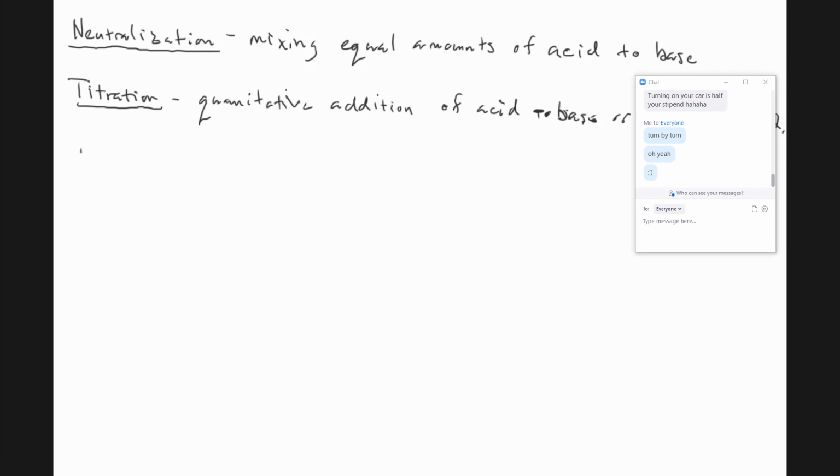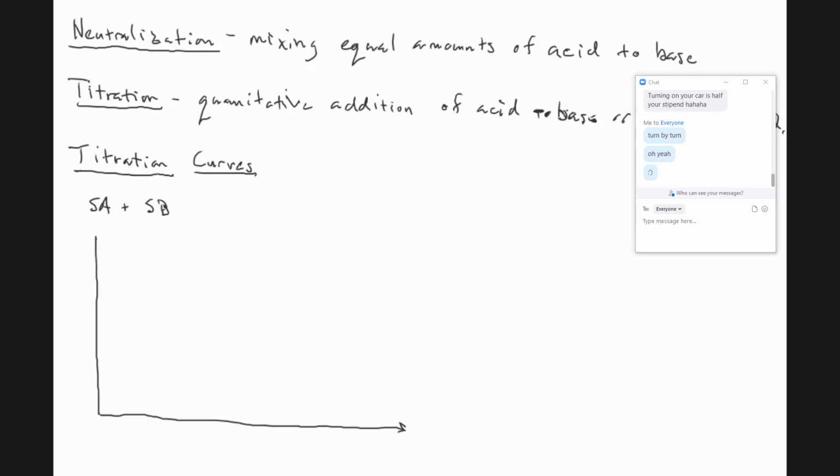So with titration curves, the first type of titration curves is the strong acid, strong base relationship. So the y-axis is the pH of the solution.